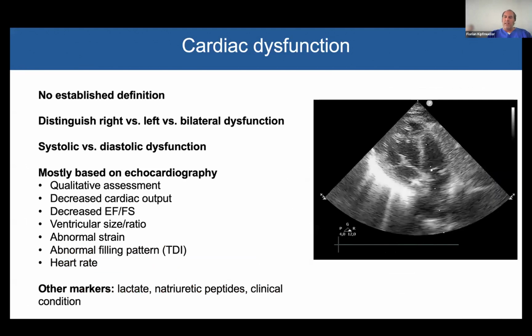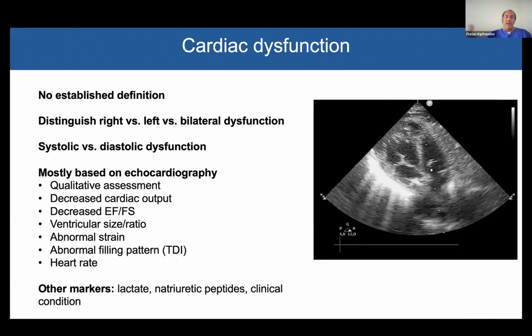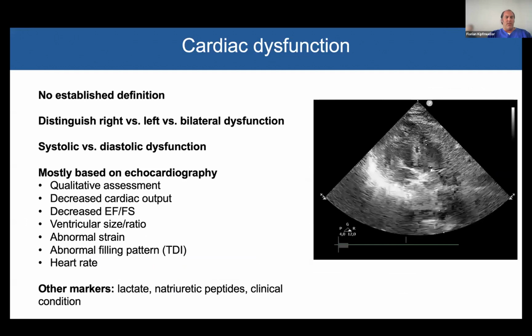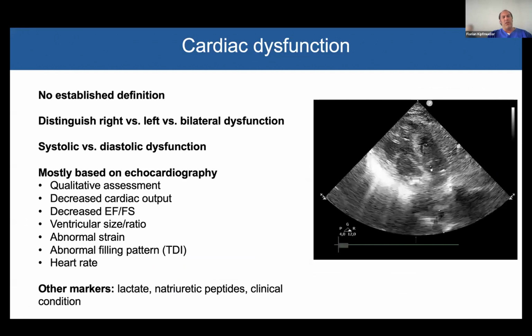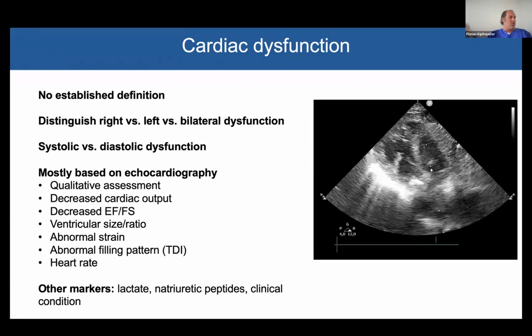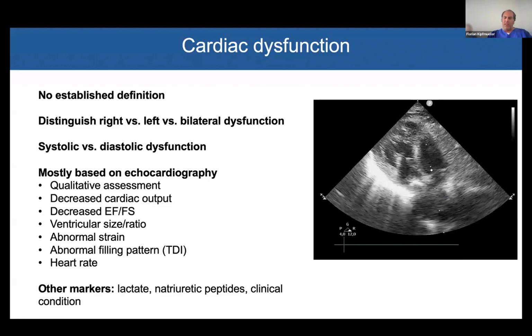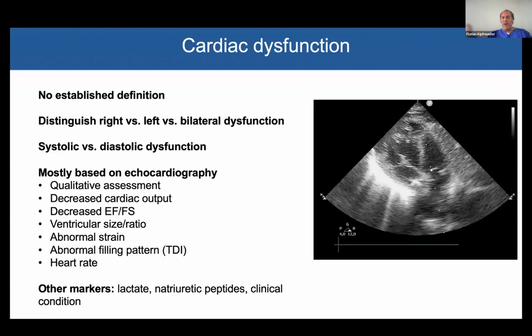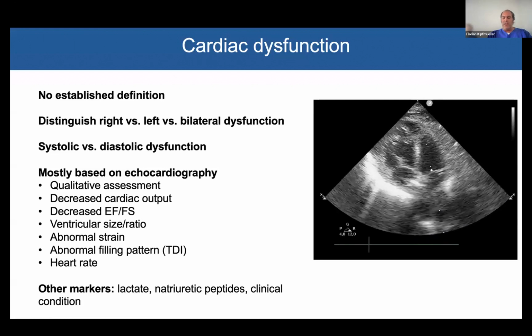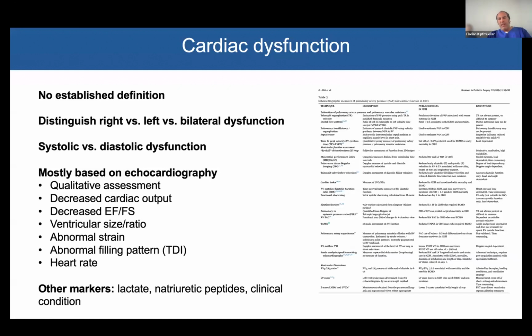And we have to say until today, we don't have any established criteria how to measure it. I think strain is quite a good thing, as is tissue Doppler. They all have their pros and cons. So we try to come to an agreement in the international community, but the parameters we defined are very limited. Also, other markers like biomarkers are not really in that way that we can recommend them.